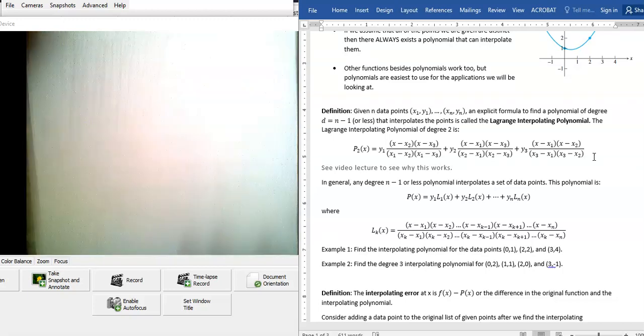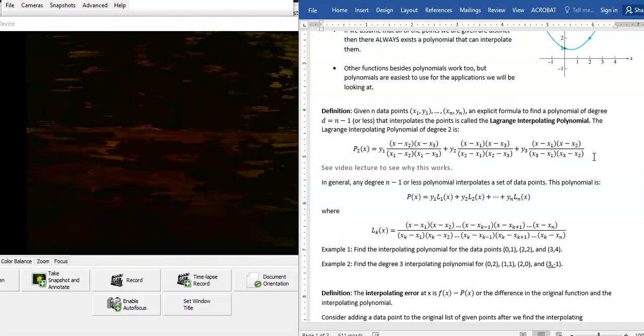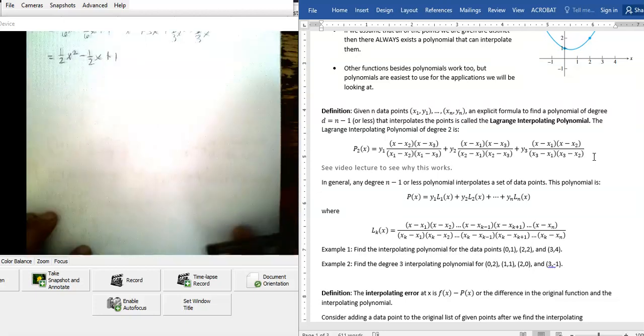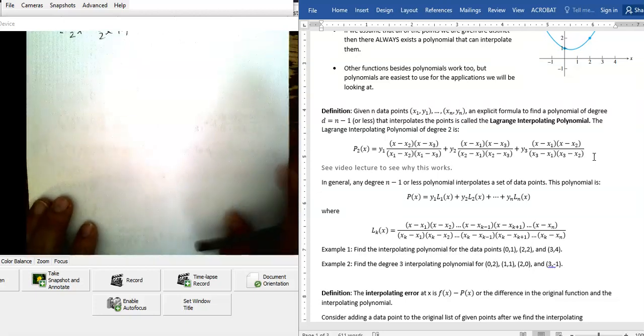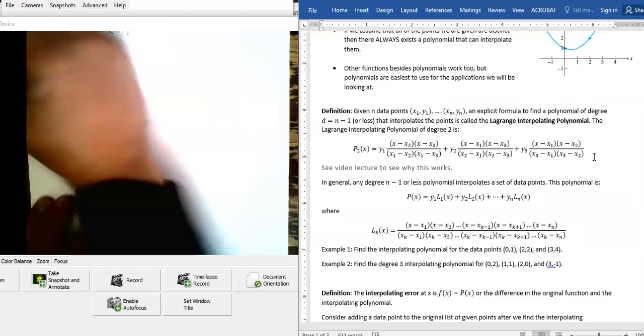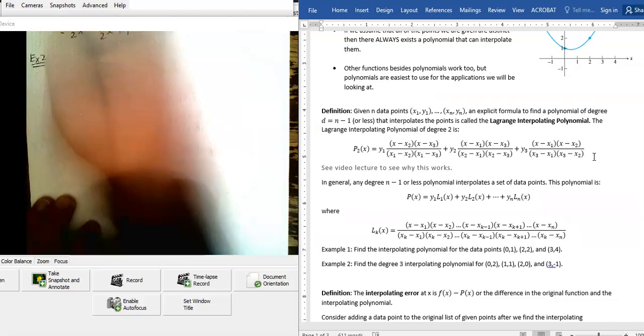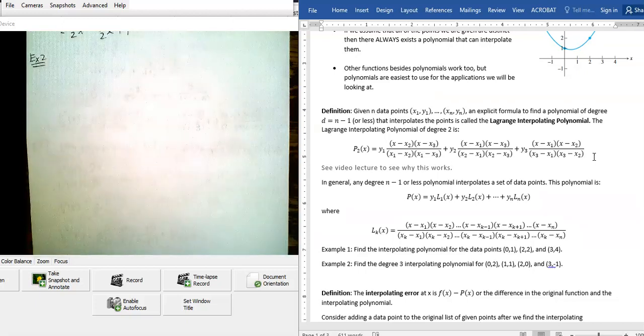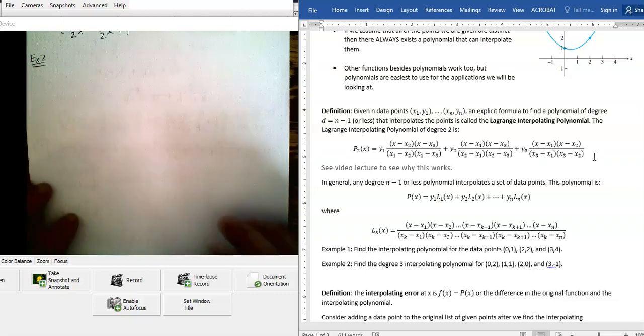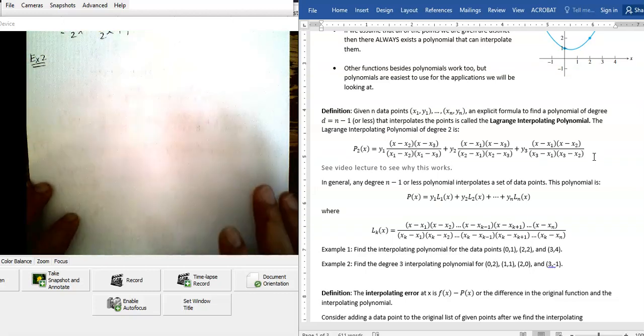Let's look at example 2. All right, example 2, we want the 3rd degree interpolating polynomial for these 4 points. Okay. So it's a degree 3 polynomial now, so we're going to have more terms involved, right?